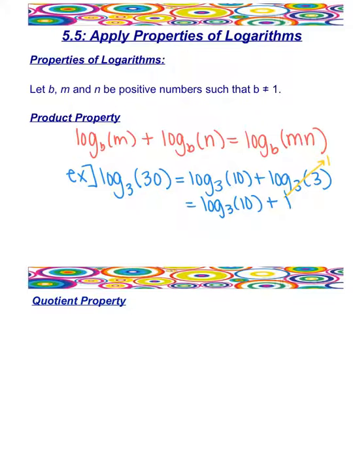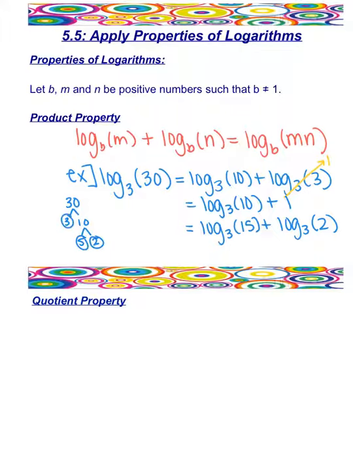What are some other factors of 30? Let's do 15 and 2. It is also equal to log base 3 of 15 plus log base 3 of 2. What else? Let's see, factors of 30. I can do 3 times 10, and then 5 times 2, there's all my prime numbers.